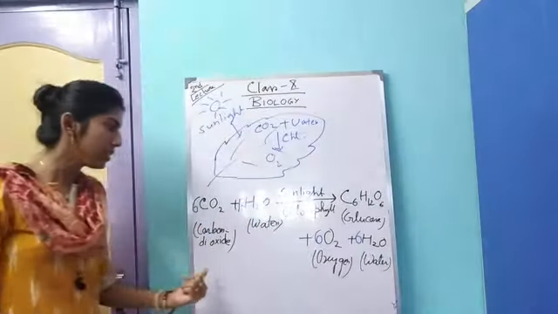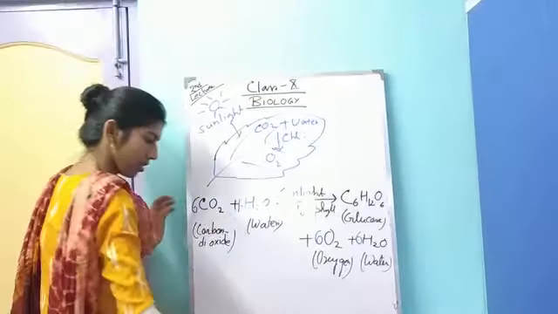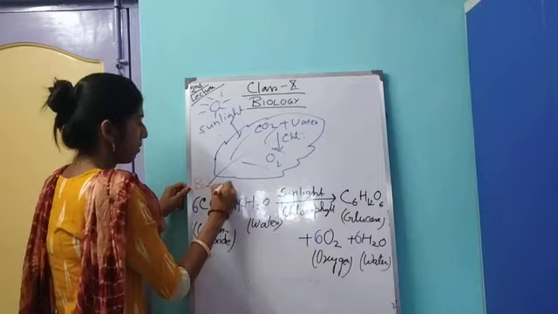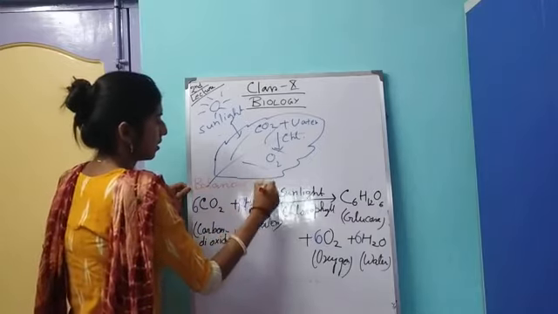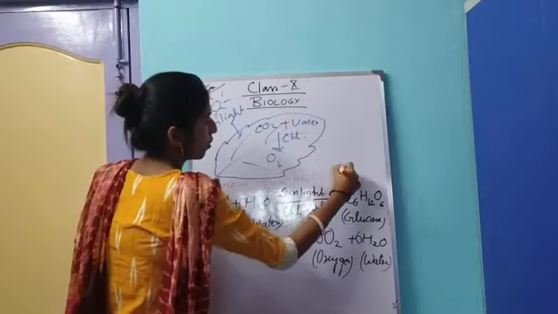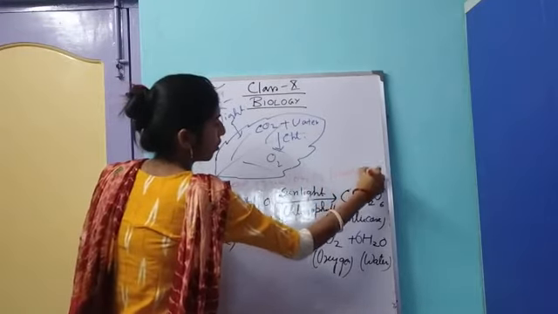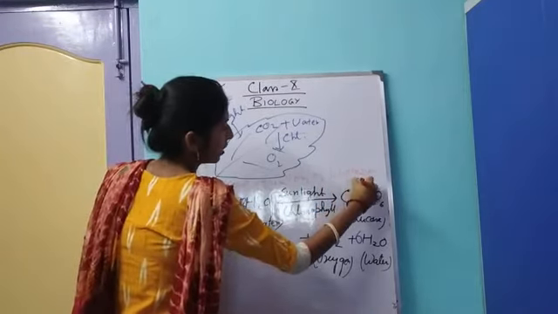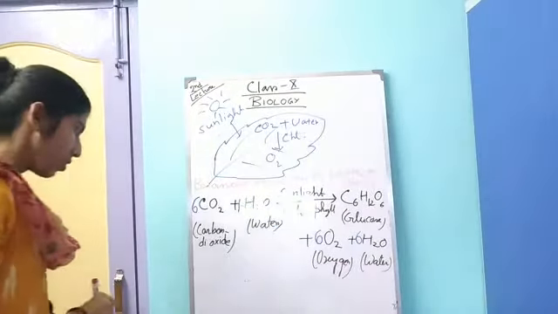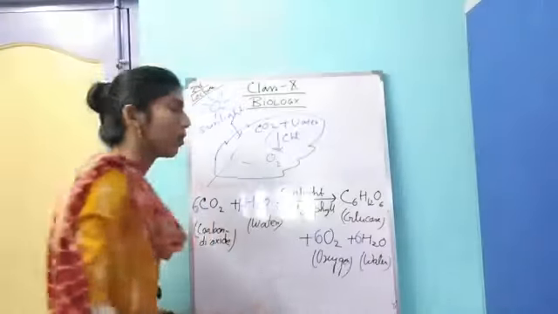So now this is a balanced equation of photosynthesis. Clear?